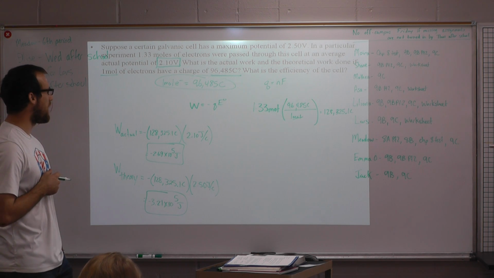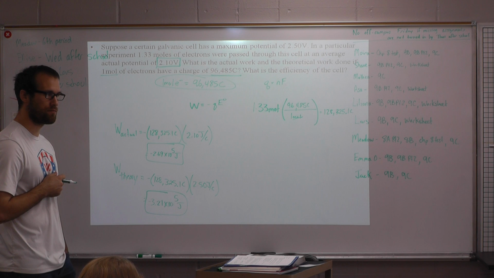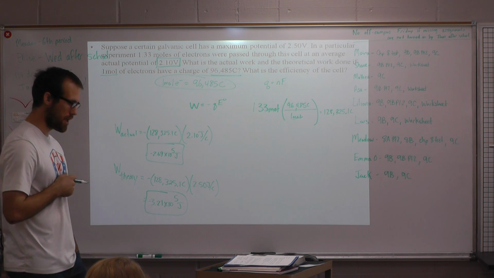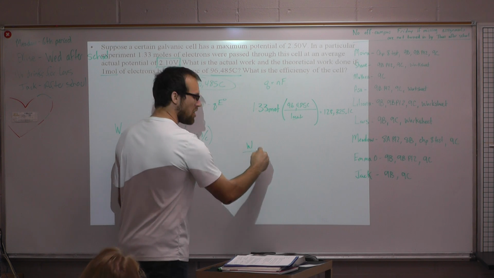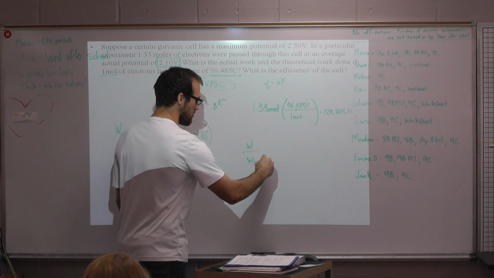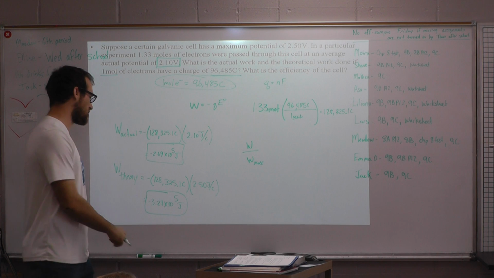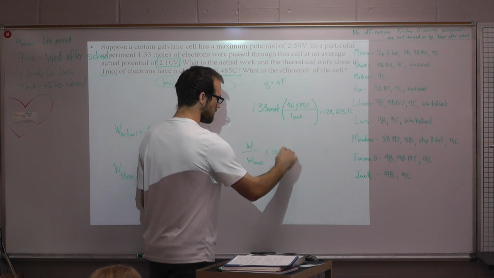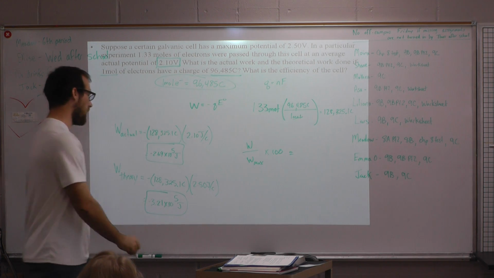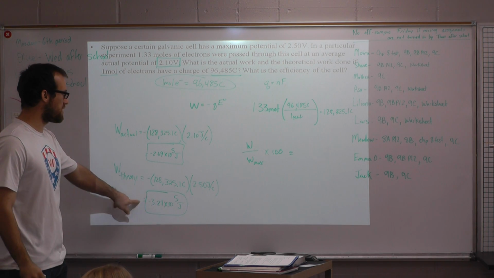Lastly, they want to know how efficient was the cell. 84%. So you would just take your work divided by your work max, or you could say your actual over your theoretical times 100. So you would take this divided by this times 100.